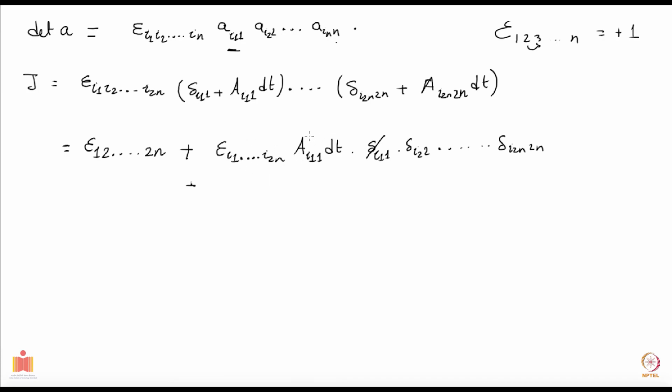It will have a corresponding a times dt, with this being removed, and you'll keep this. Let me write down plus epsilon I1 ... I2n, and then you will have a_{I2n 2n} dt and all these deltas.